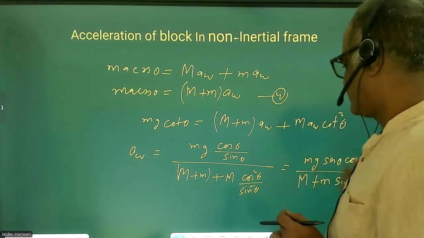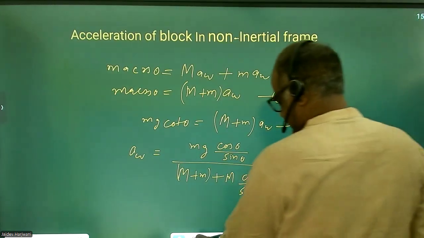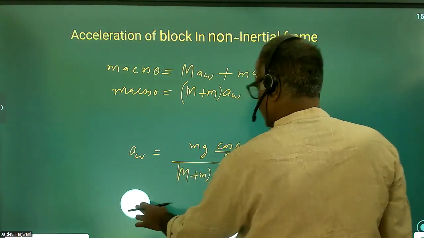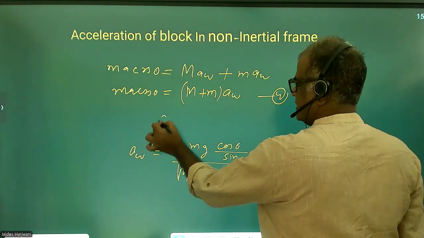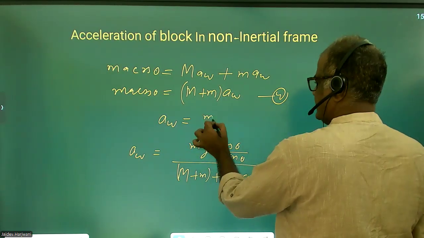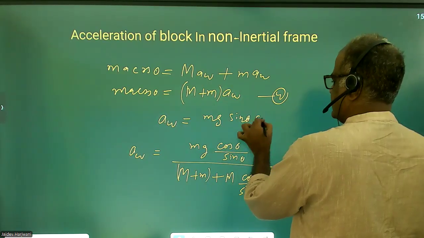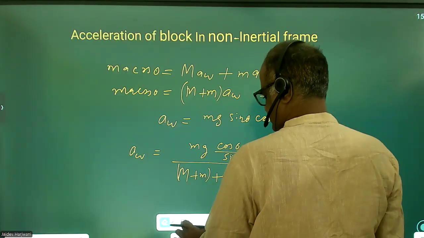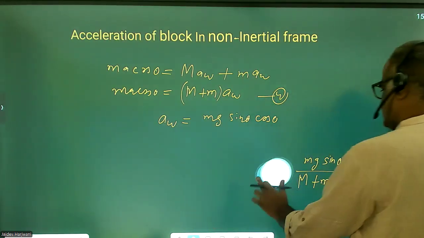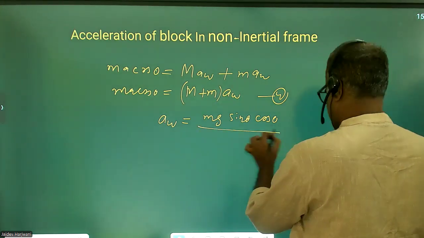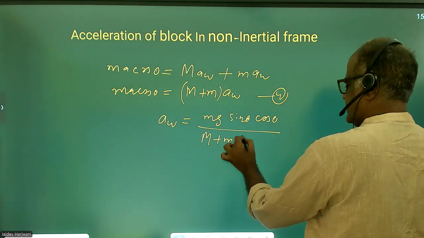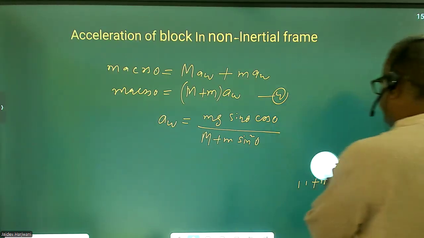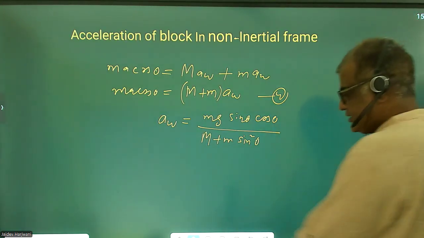So this is the same expression that we got in my last video. Now we have the acceleration of the wedge, which is equal to mg sine theta cos theta upon M plus m sine square theta. Now you have to find the acceleration a.